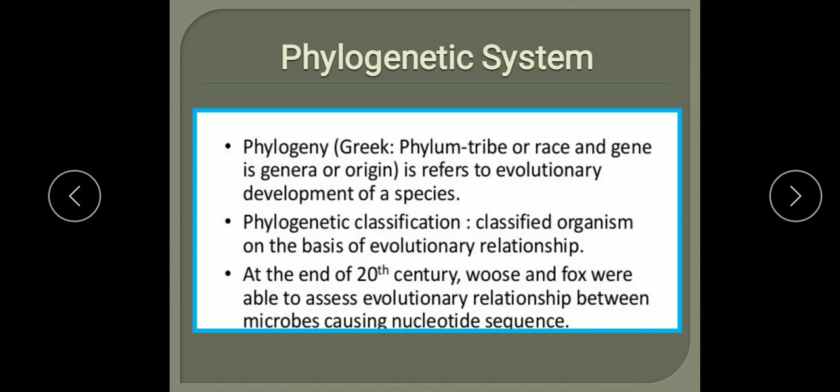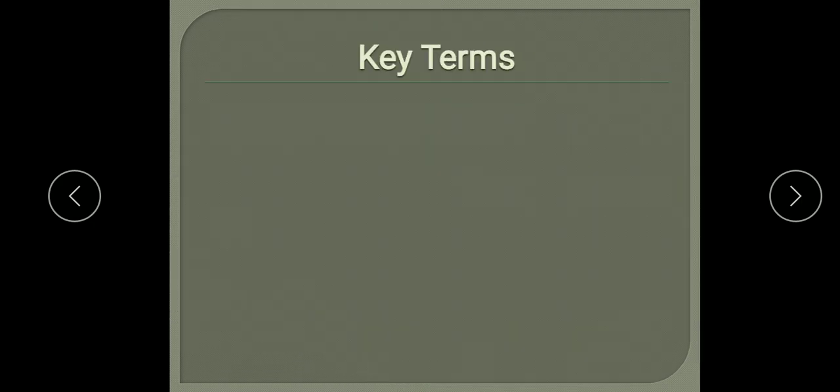Some examples of phylogenetic classification are the classifications done by Engler and Prantl. Some scientists, like Woese and Fox, were able to assess the evolutionary relationship between microbes using nucleotide sequences. You will also learn Hutchinson and Takhtajan, who also classified plants, and Engler and Prantl, who classified organisms on the basis of their evolutionary relationship.